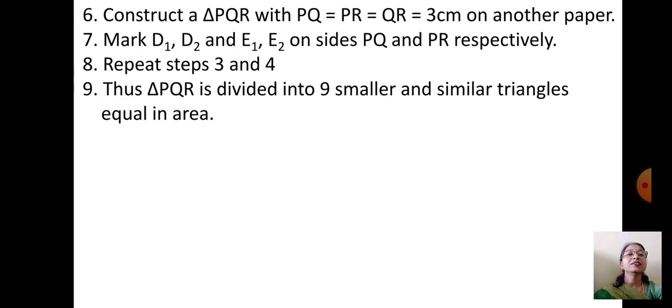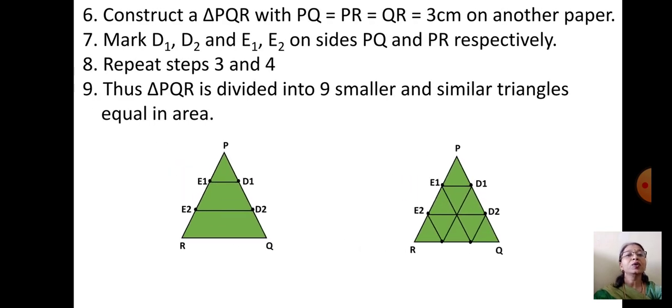Now secondly, you take another color and this time you cut an equilateral triangle of side 3 centimeter and name it triangle PQR, right? So on the side PQ, you mark 2 points D1 and D2 again at a distance of 1 centimeter each, and on side PR you mark 2 points E1, E2, 1 centimeter each, and join them horizontally E1, D1, E2, D2.